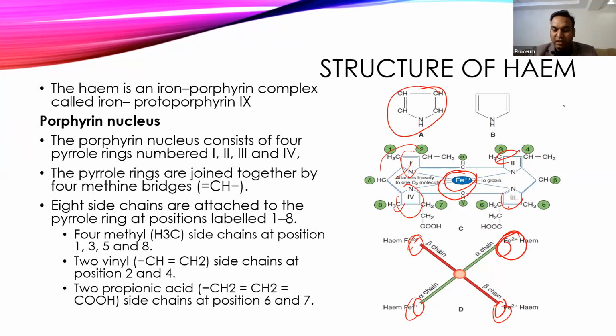That is usually the CH negative part of the globin, and they will attach there. Okay, so this is how the globin chain will be there, and this ferrous ion is present here. This ferrous ion has affinity for oxygen, and here the oxygen attaches to the globin chain.